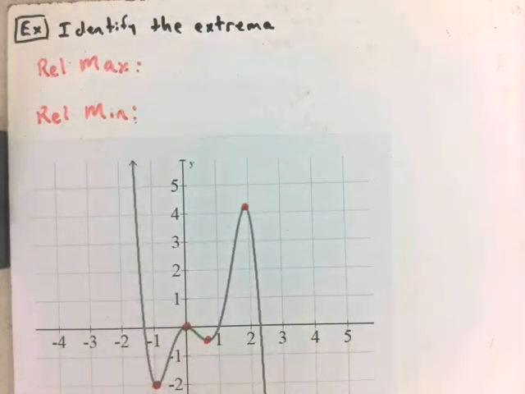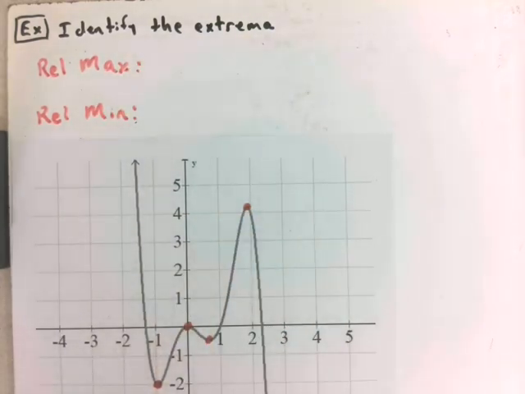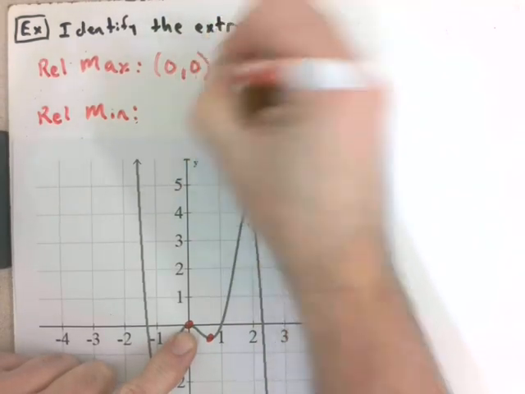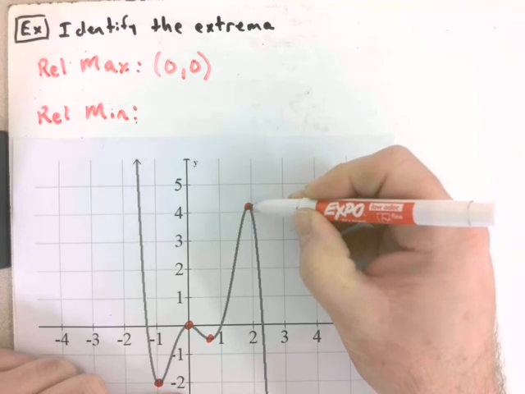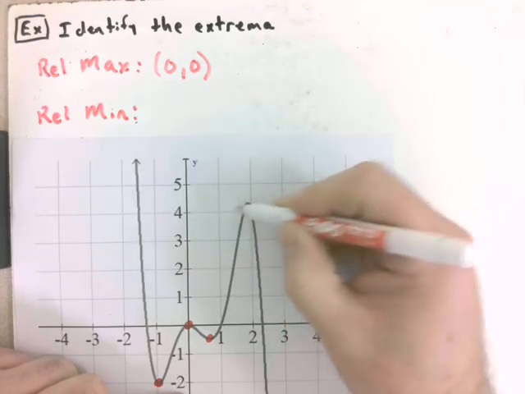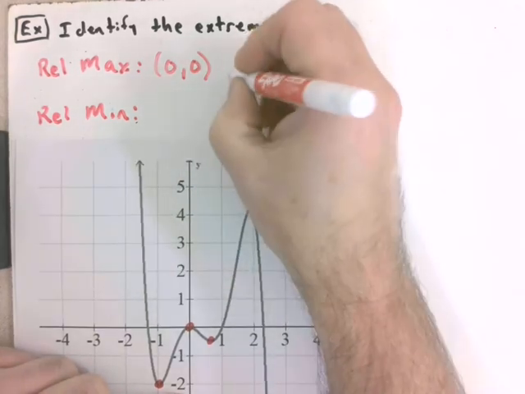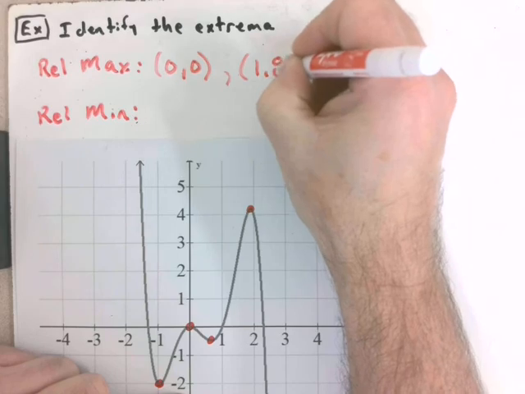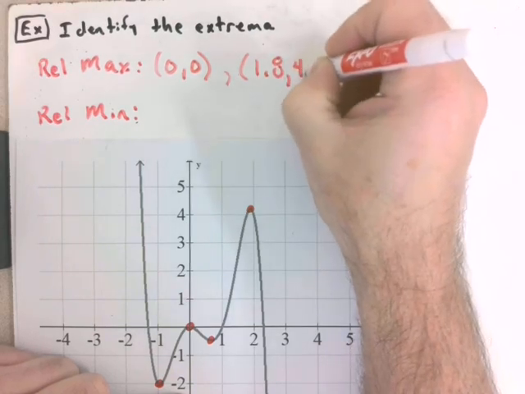Our relative maximum values, I want to identify those ordered pairs. This one looks like it is at the origin, so probably 0, 0. And this one, if I approximate, looks like maybe 1.8 or 1.9, and then maybe about 4.2 or so. So I'll say 1.8 and about 4.2.